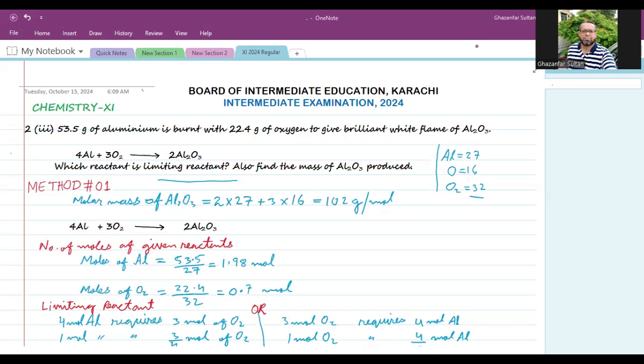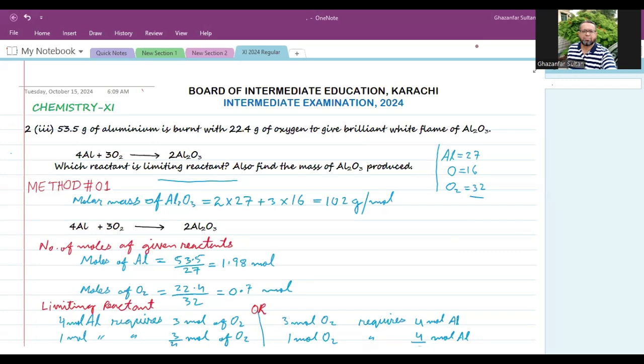So we have seen the solution of this numerical by method 1, where we first calculate the molar mass, then the number of moles of the reactants, and then we found the limiting reactant.